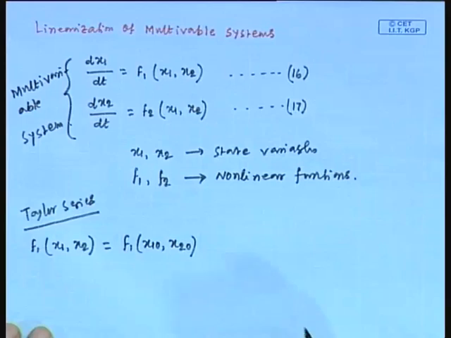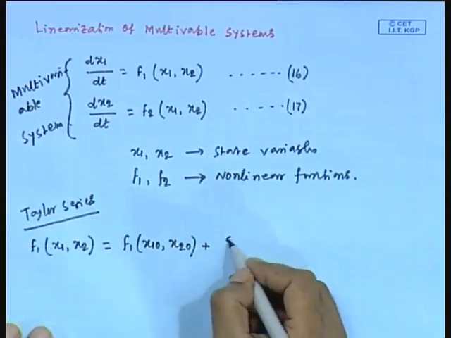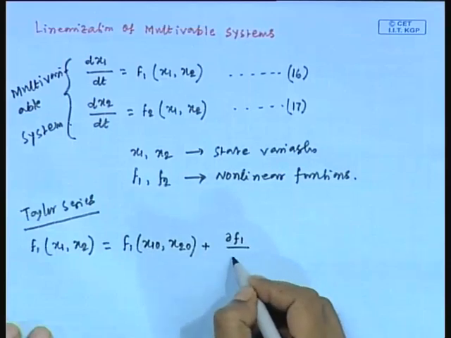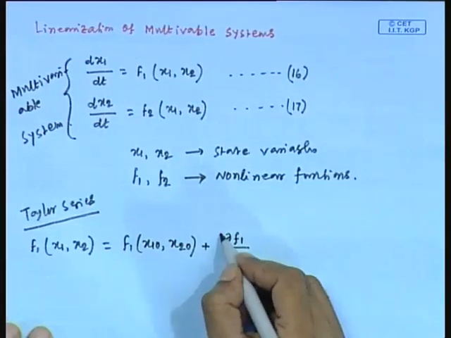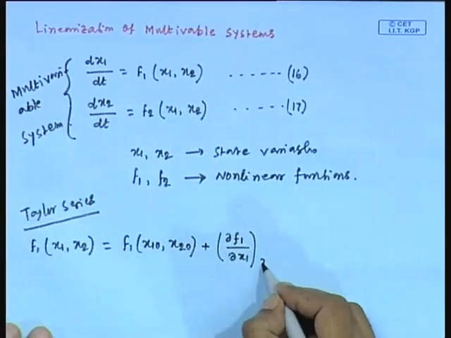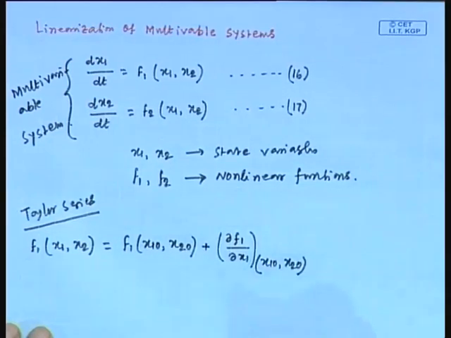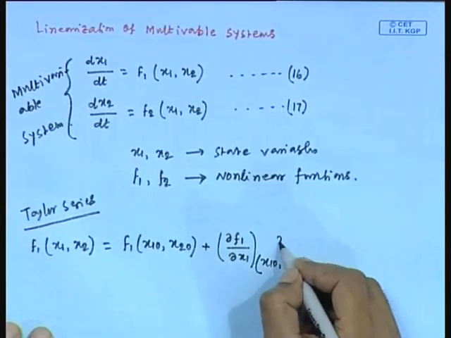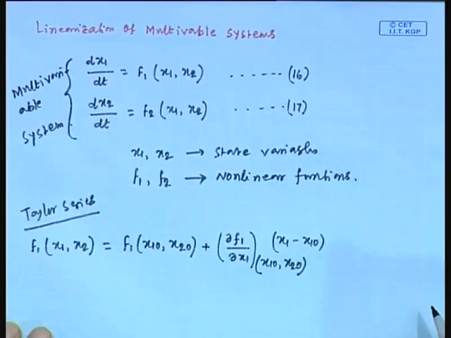The next term will be the differentiation of f1 with respect to x1, represented at the operating point x1 naught, x2 naught, multiplied by x1 minus x1 naught.